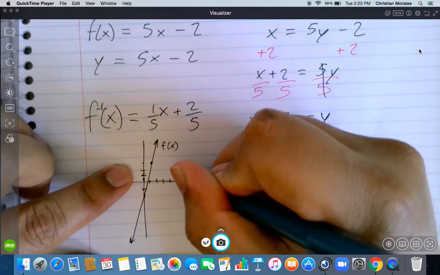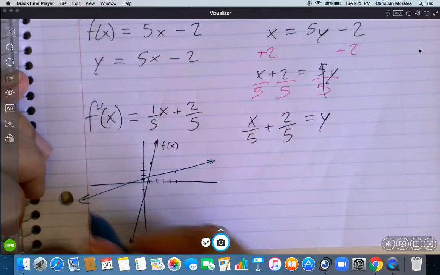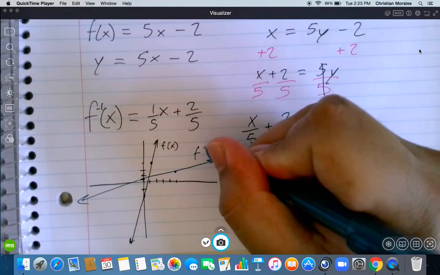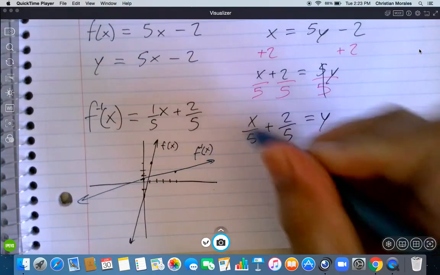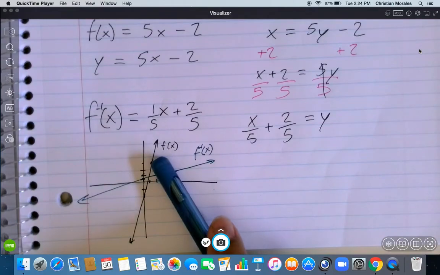So somewhere over here. And there it is. There's the inverse function. Okay, so they're not parallel, they're not perpendicular, they're just the opposite function of this one.